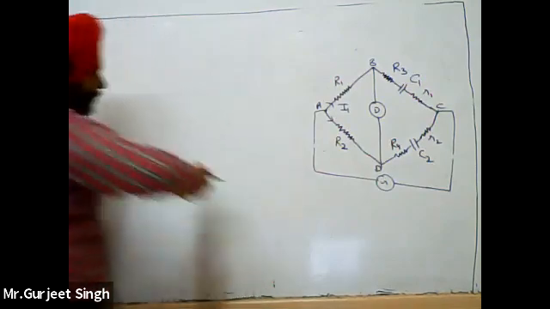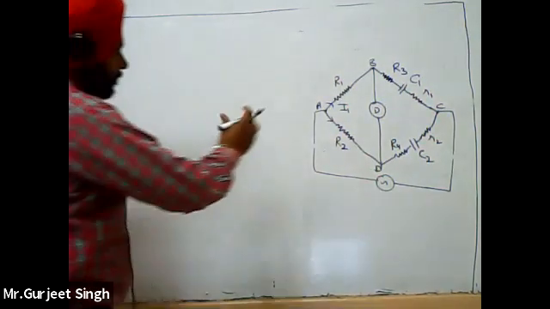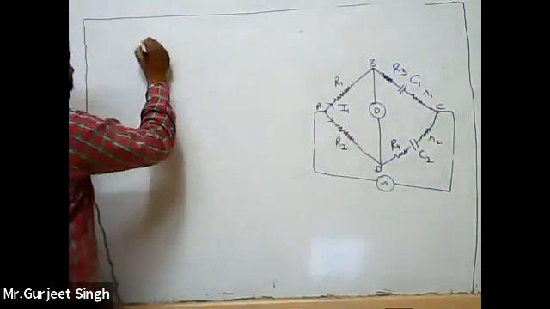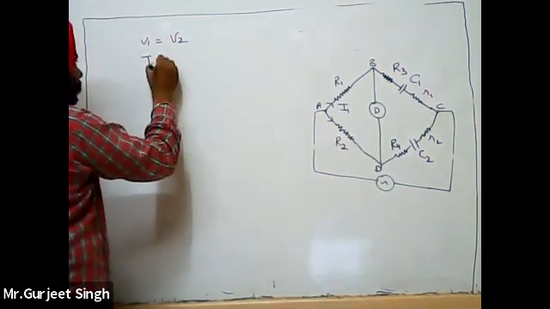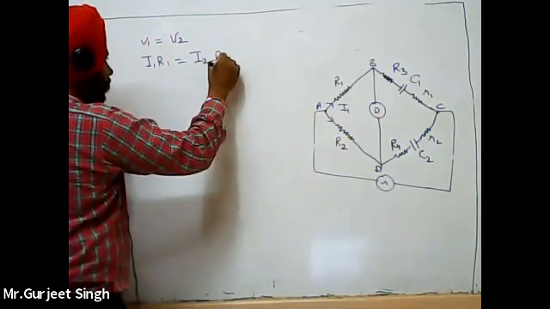So the equation of this bridge is similar to that of the De Sauty bridge. V1 is equal to V2, so I1 R1 is equal to I2 R2.